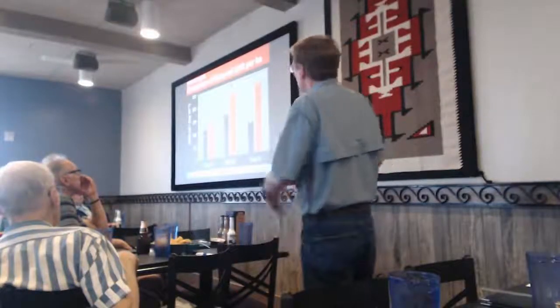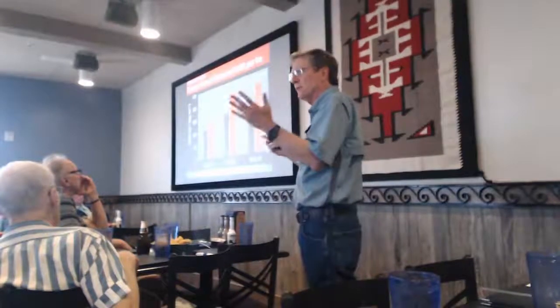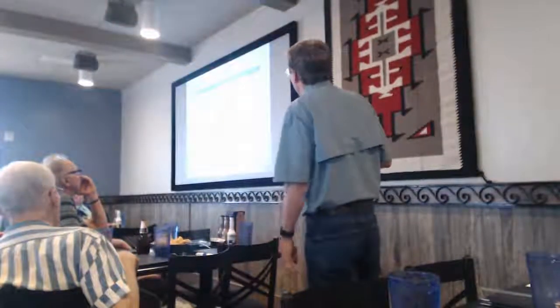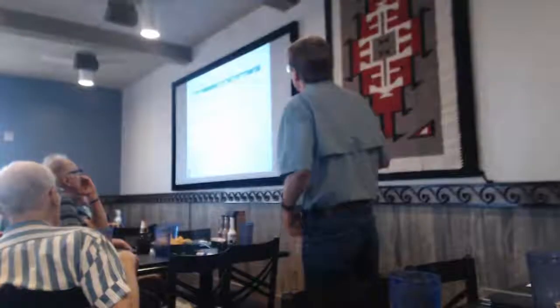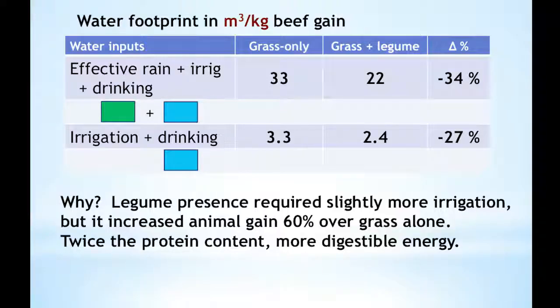This is something that we typically see because we know the forage quality is high. And so it ended up being quite a bit. Now, the water footprint in this calculation, if we look at the green plus blue water, the rain and the irrigation plus drinking water, it was 33 cubic meters per kilogram on grass only and 22 on grass legume.